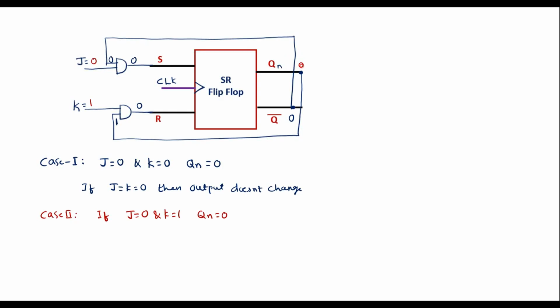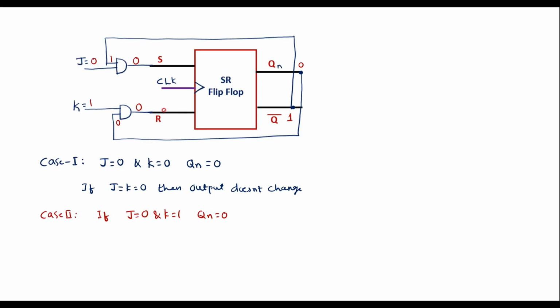If we take Qn equal to 0, Qn bar will be 1. So let me analyze. This 1 will go to the AND gate, so here it is 1, and this 0 will go to this AND gate, so here it will be 0. Now we can see that the output of this AND gate is 0, and here also the output of the AND gate is 0. So again the flip-flop will be in no change state because S and R are 0.